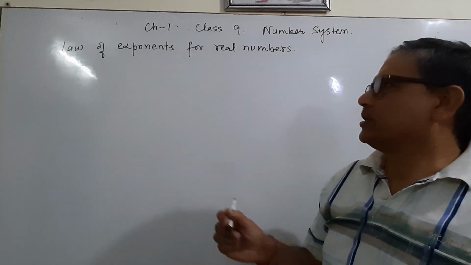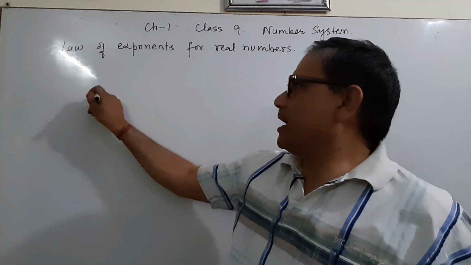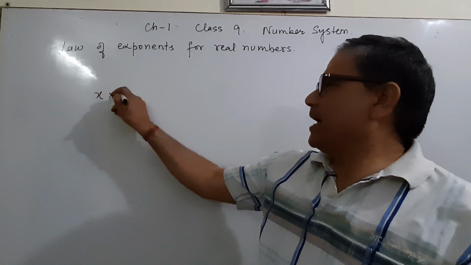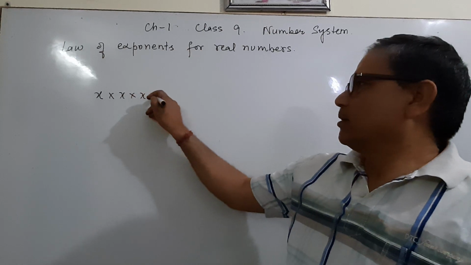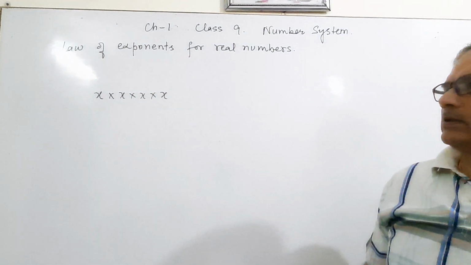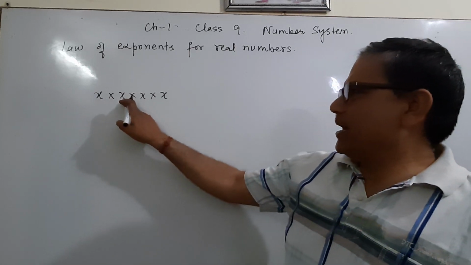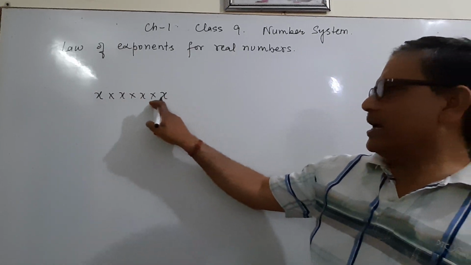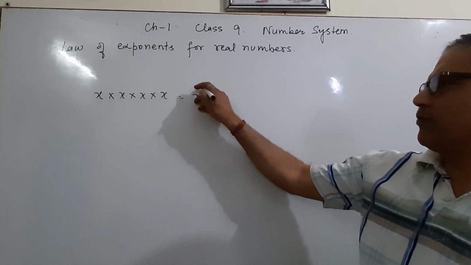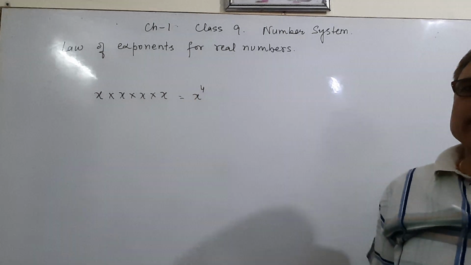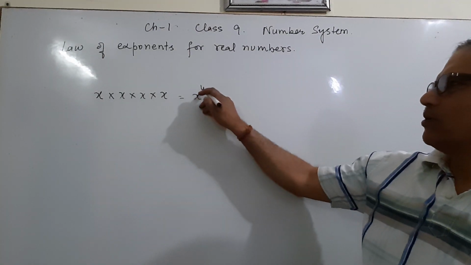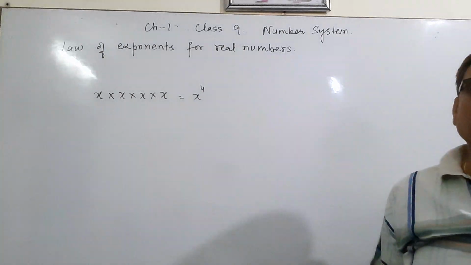Exponent, generally when we write x multiply x multiply x multiply x, where x is a real number, and this number can be expressed in what form? x power 4, means 4 power of x.